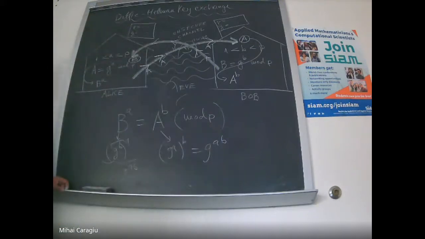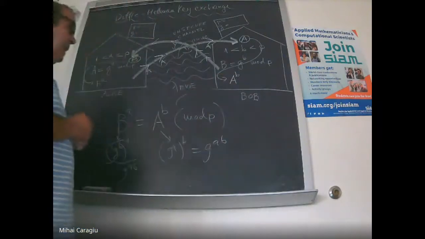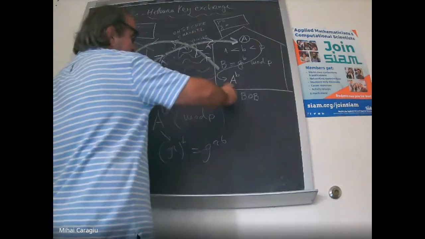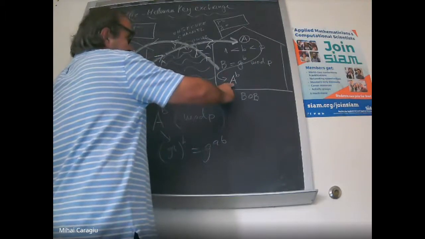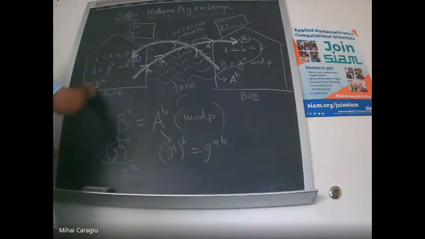So at this moment, by doing these operations, Alice big B to the power small a and Bob big A to the power small b, they can do this because Bob receives big A from Alice, and he raises the number that he receives from Alice to the power his private key, and Alice receives big B from Bob, and she raises it to the power her private key a.